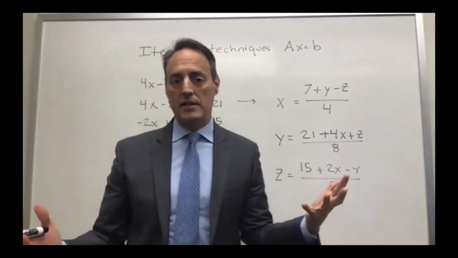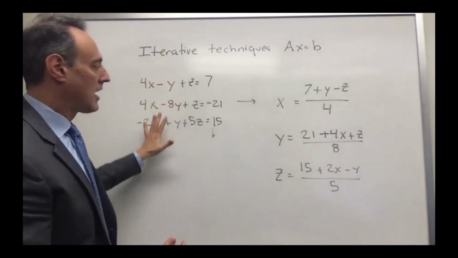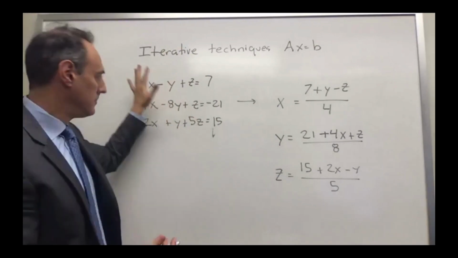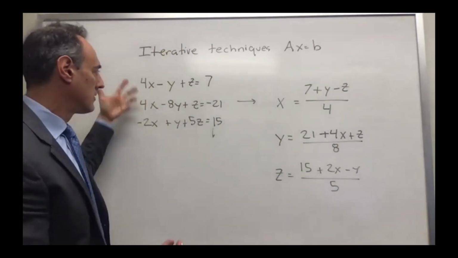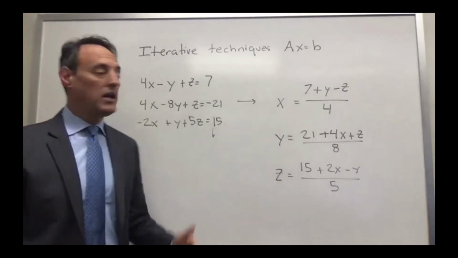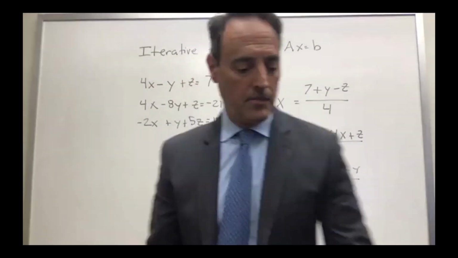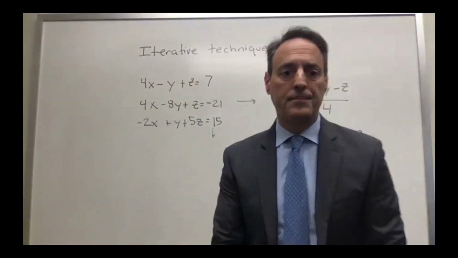So really, to some extent, I've done nothing. I've just taken the governing equations, three coupled algebraic equations, where we're trying to solve for x, y, and z, and I just rewrote them in this way. There's nothing I've really done at all.